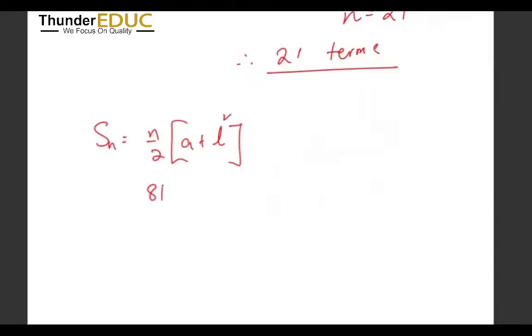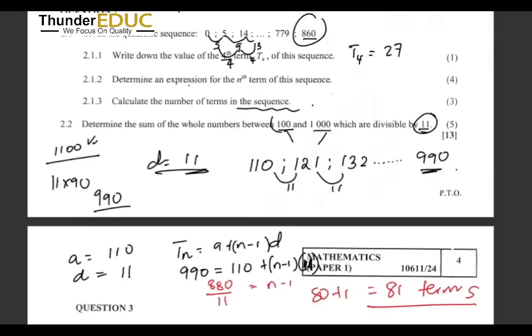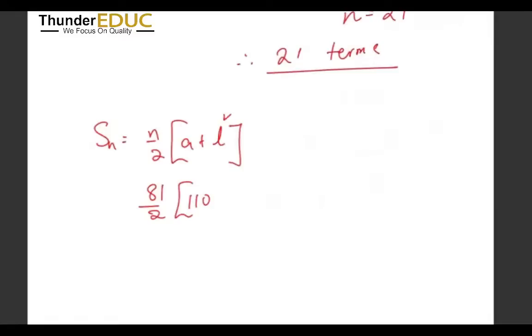So that's going to be 81 divided by 2. Our first term was 110, then our last term is 990. Punching that into my calculator, 110 plus 990, which gives me 44,550.